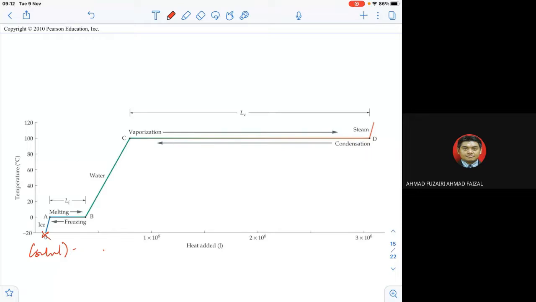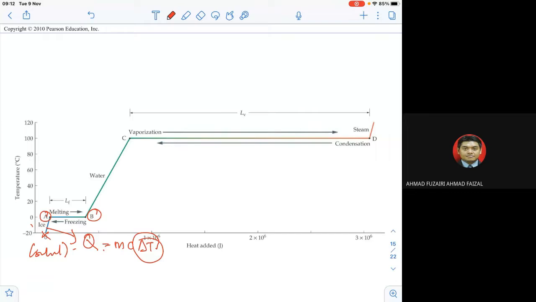So from negative 20 to 0, you have already added some Q, which is mcΔT, because there is a change in temperature, from negative 20 to 0. If you look from point A to point B, you can see that there is no change in temperature at 0 degrees Celsius.